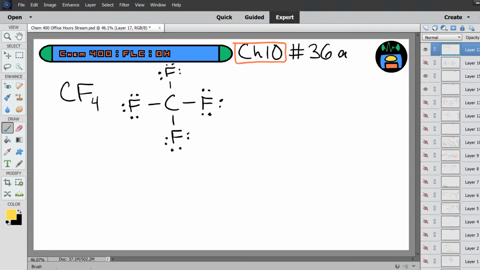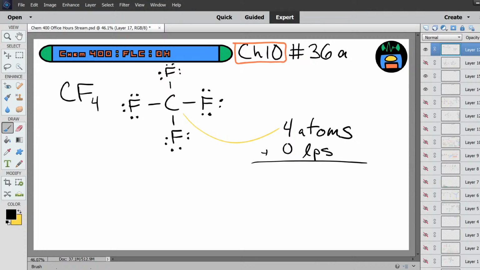Now for this one, for a central atom, we have 4 atoms, 0 lone pairs, so 4 electron groups around our central atom. So we would expect a tetrahedral electronic geometry.